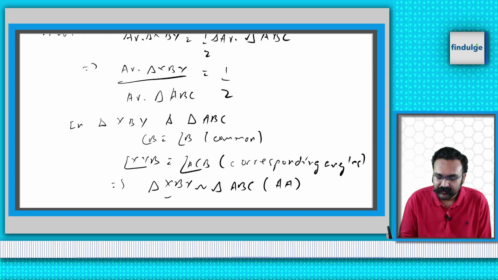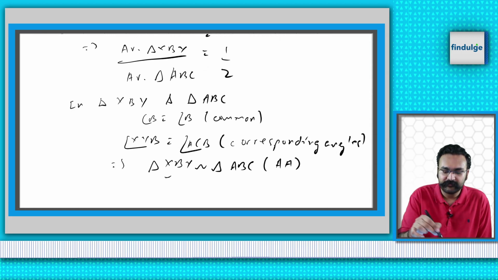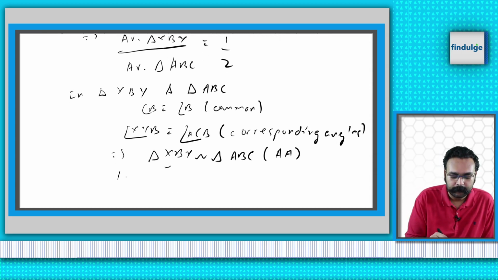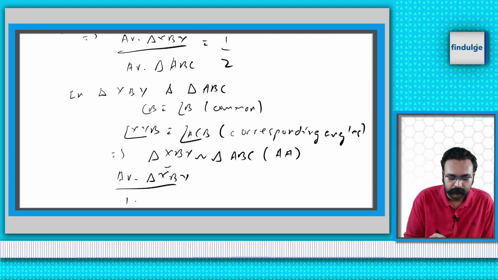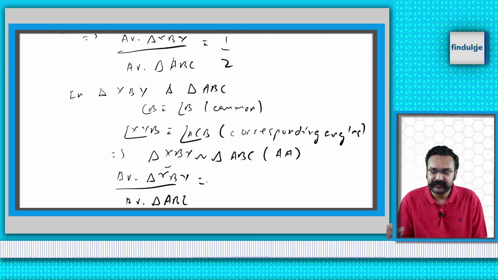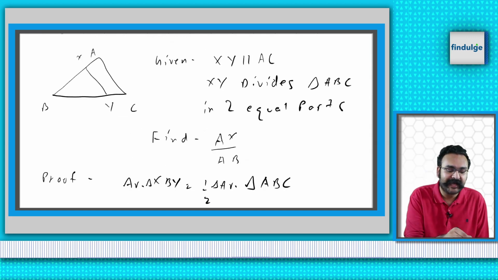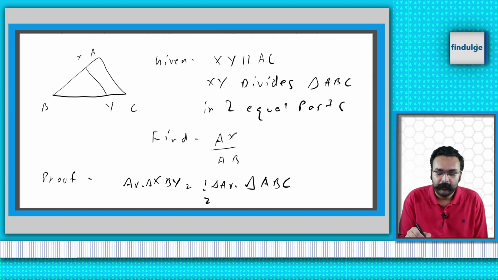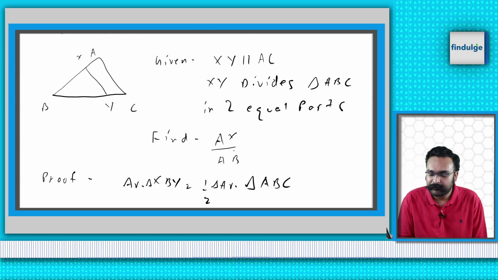which means that the ratio of the areas will be equal to the square of the ratio of the sides. And like I said, I'm going to use XB and AB because I want AX and AB.